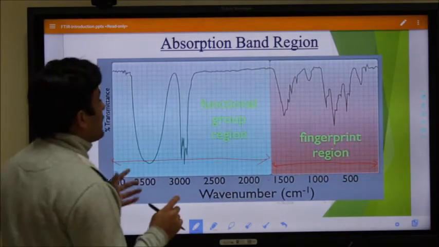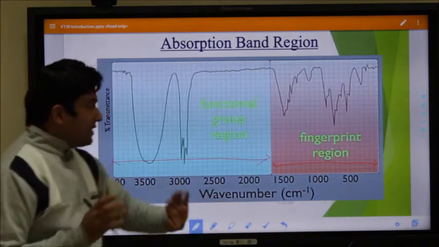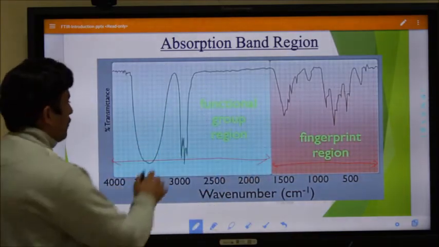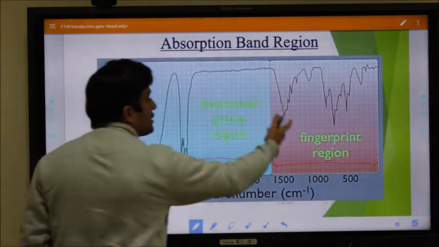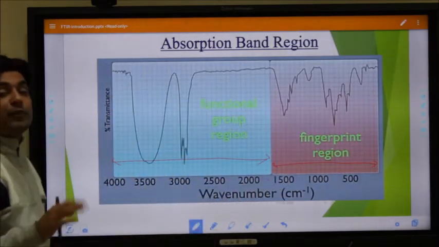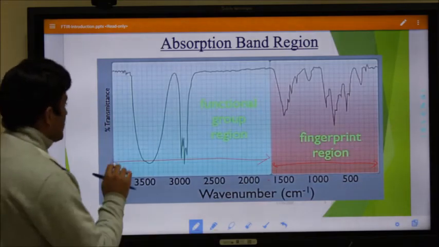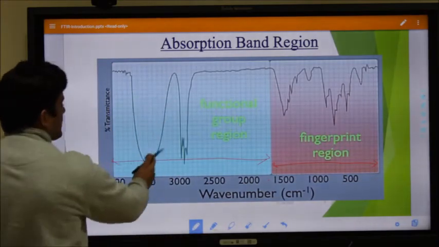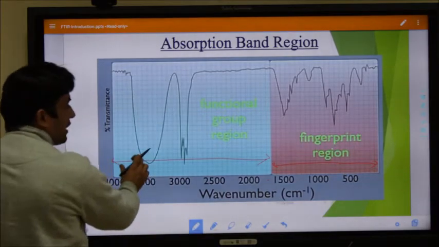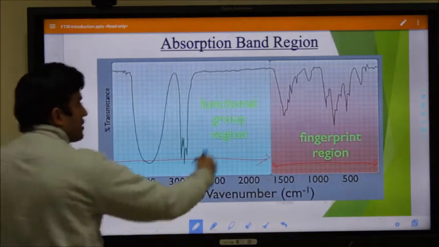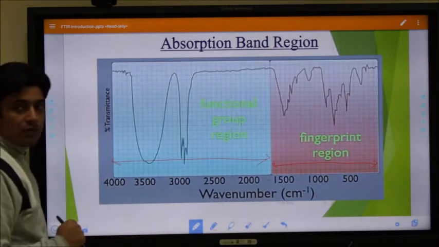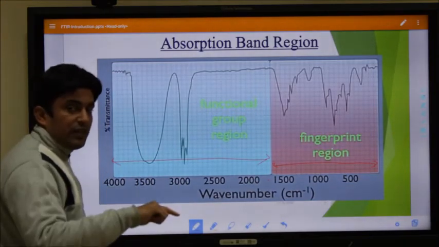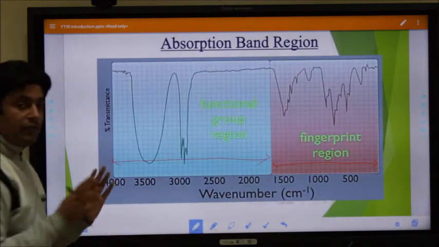Now what do you mean by fingerprint? In this region, you will also get peaks of the functional groups as their impressions. For example, if any functional group has a peak in the functional group region, it will have a peak in this region also. So that will be double the confirmation. What kind of confirmation?